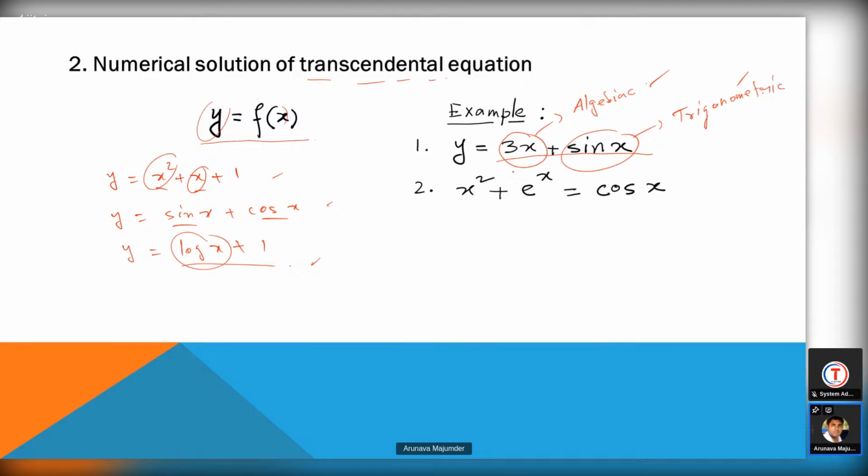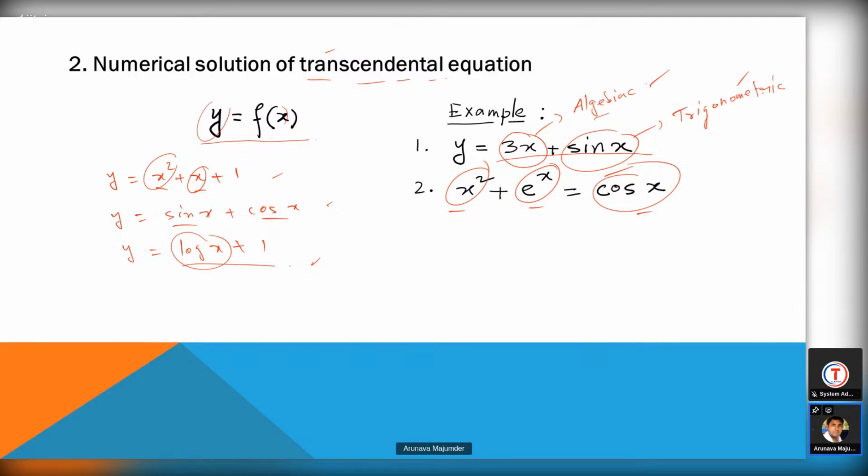When we add algebraic and trigonometric terms, we get a combination, and this kind of equation is called transcendental. So two or more different kinds of equations are combined together. Similarly here, this is an algebraic term, this is an exponential term, this is a trigonometric term. So three types, algebraic, exponential and trigonometric, are combined together. This is another transcendental equation.